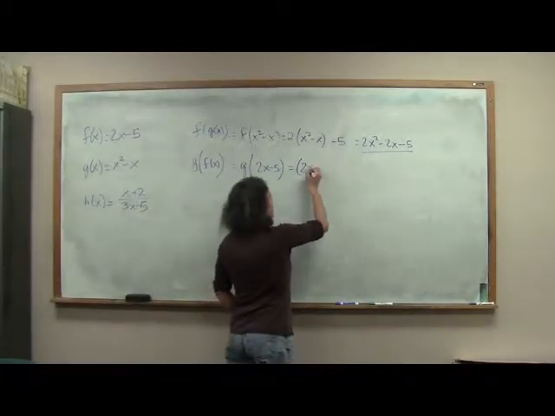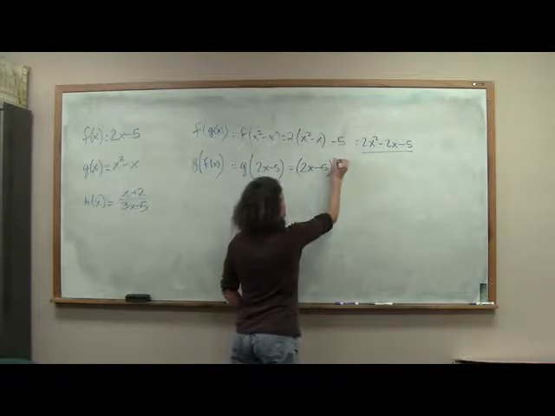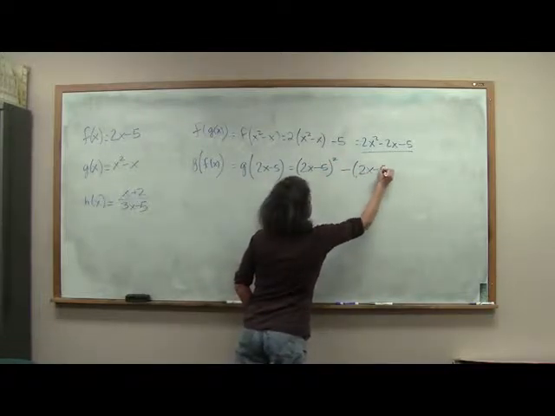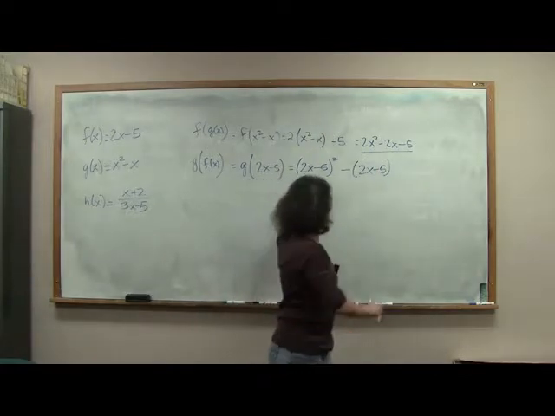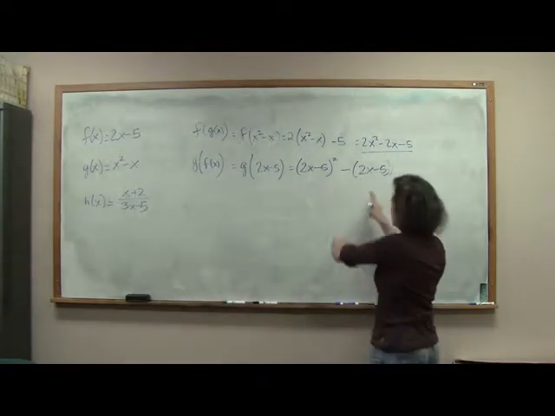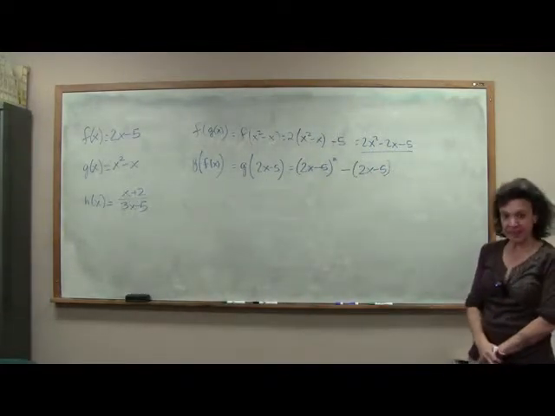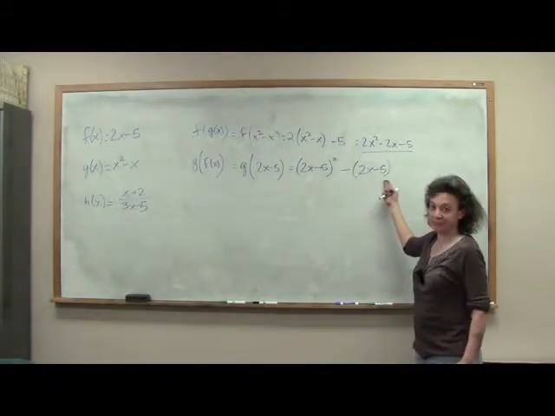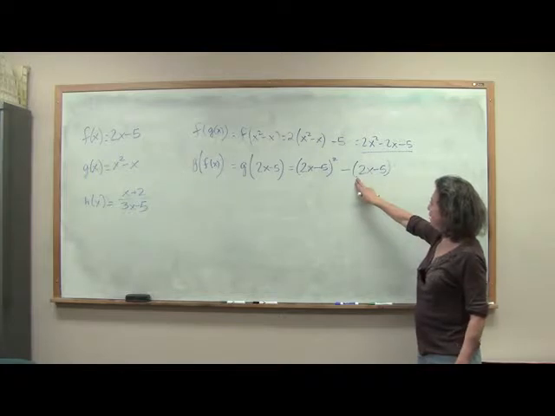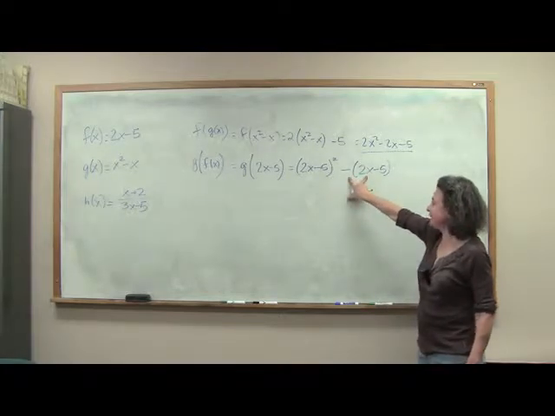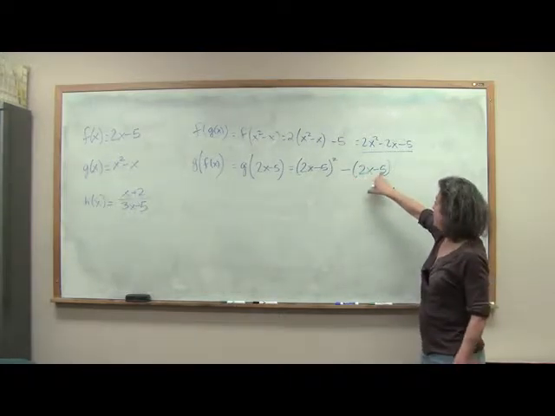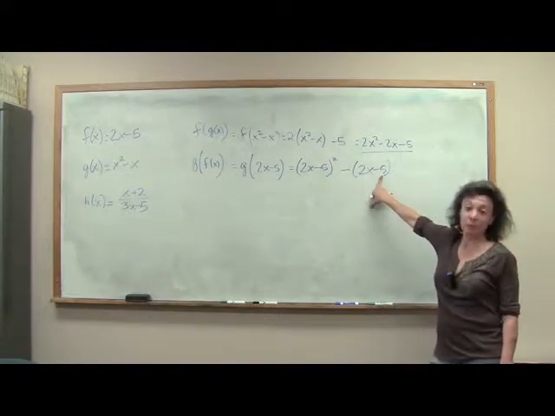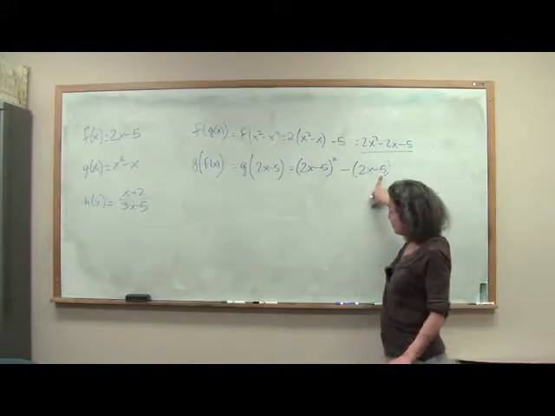Well, that's (2x minus 5) quantity squared minus (2x minus 5). Right? x squared minus x. Notice my parentheses. That's crucial. You're subtracting this whole quantity. If you didn't put parentheses, your sign on this 2x would be okay, but minus a negative, remember, is plus a positive. We'd run into problems here.